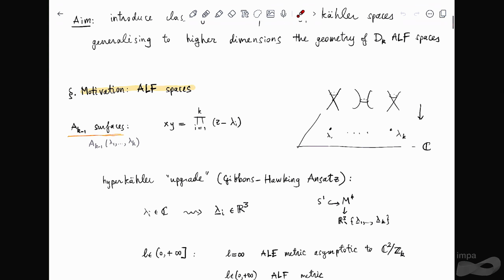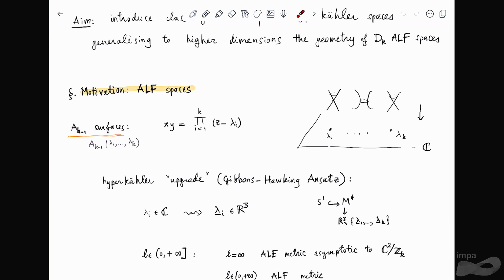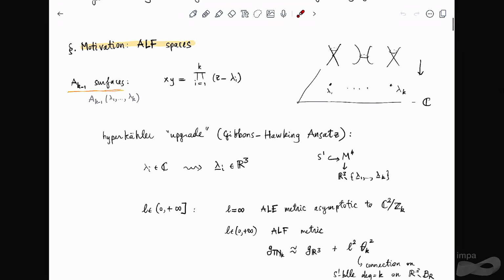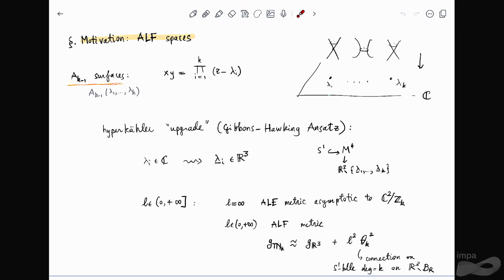So let me start with the real four-dimensional story, where, first of all, let's start with the Gibbons-Hawking construction that Claude told us about the other day. So this is about hyperkähler four-manifolds with ALF, asymptotically locally flat, asymptotic geometry.